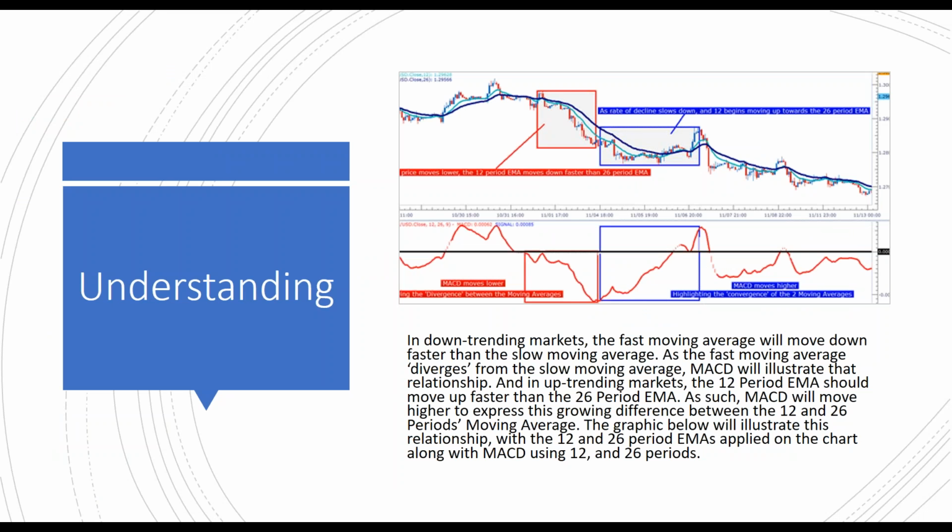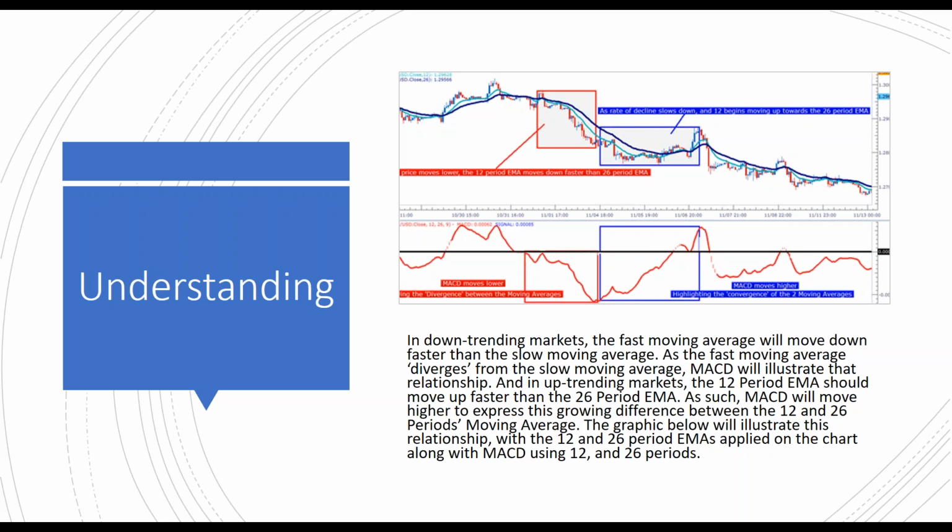As the fast-moving average diverges from the slow-moving average, the MACD will illustrate that relationship. In uptrending markets, the 12-period EMA should move up faster than the 26-period EMA. As such, MACD will move higher to express the growing difference between the 12 and the 26 period moving averages.